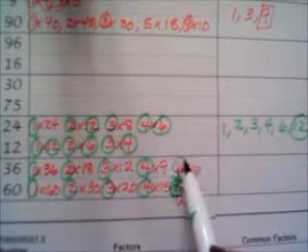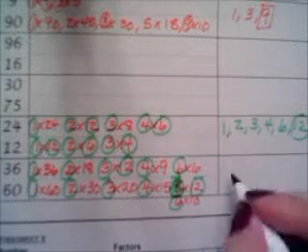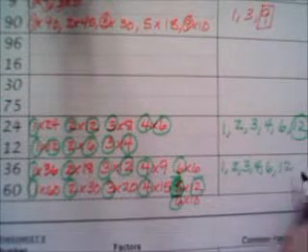They share 6, right? Let's see, do they share anything else? Oh, I see 12. They share 12. Okay, so our common factors are 1, 2, 3, 4, 6, and 12.